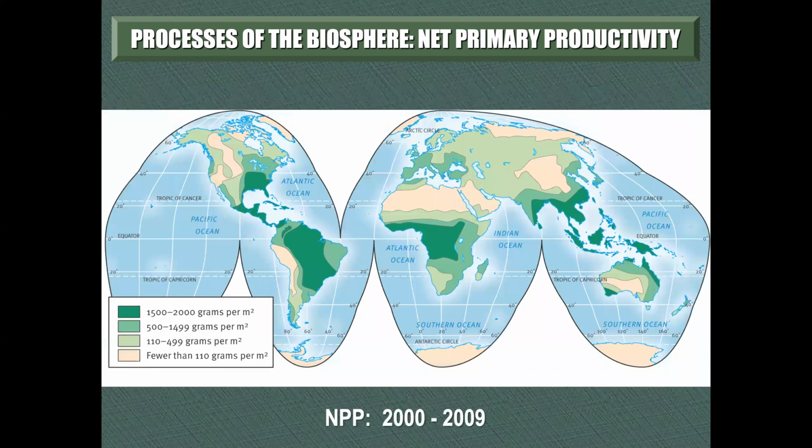And here's a very simple graphic that shows you NPP for a period, but this could be extrapolated to another time period. Notice where the darker green happens to be. Notice where the very light tan happens to be. Tropical rainforest, deserts. Okay, so it's a very simple geographical relationship.